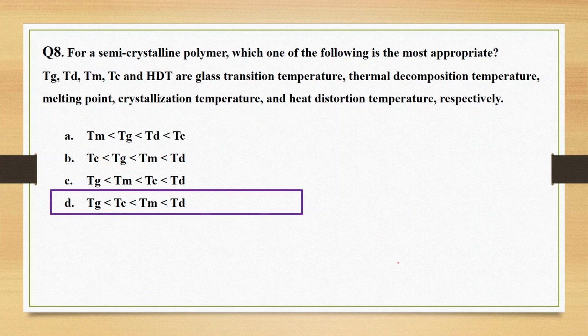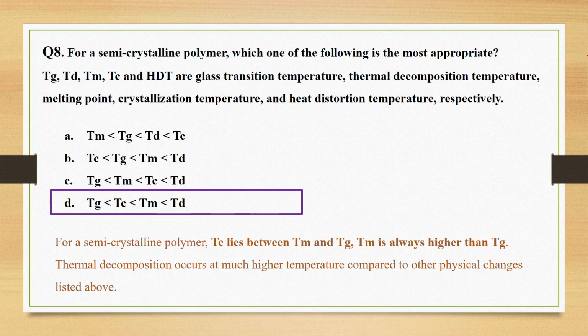The correct answer was D, that is the order: the lowest temperature is Tg, then Tc, then Tm, then Td. Why is it so? First of all, what was making everyone confused is that it states it is a semi-crystalline polymer. So there will be some amorphous region like this, and there will be some crystalline domains as well.